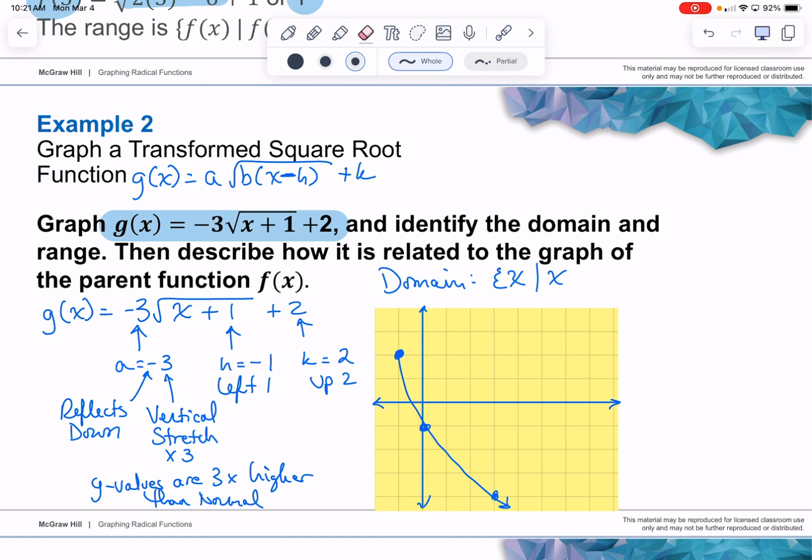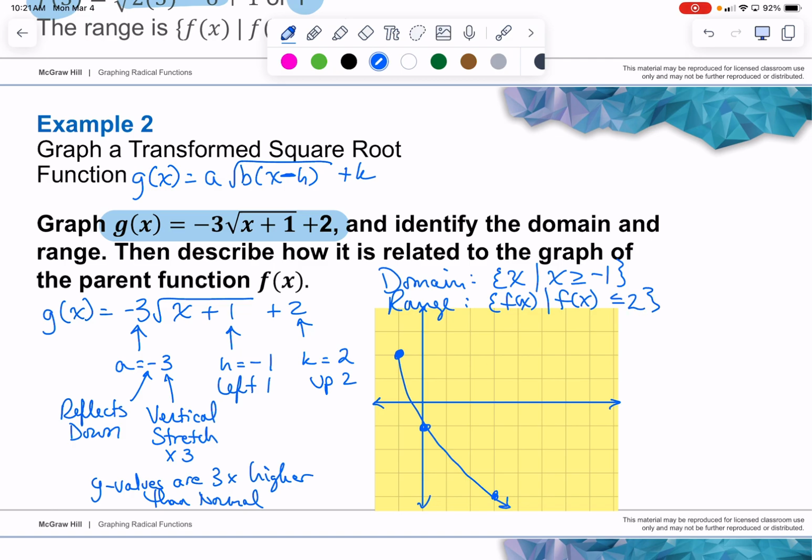So now, what do we know about the direction of my x's? Is it greater than or less than 2? What sign should I put in here? Well, x's are greater than, or sorry, it's 1, isn't it? Getting my y's. 1, negative 1. It's greater than or equal to, right? Range. Set of f of x's such that f of x is less than or equal to 2, right?